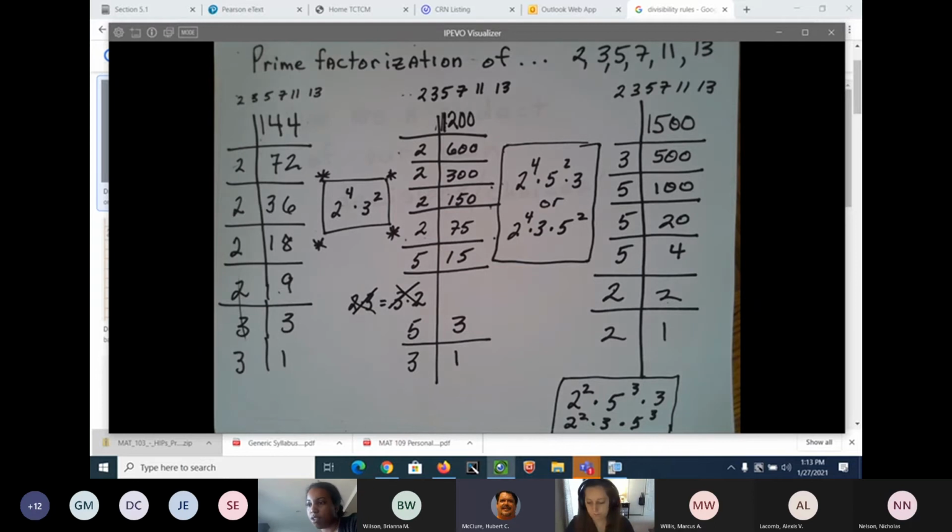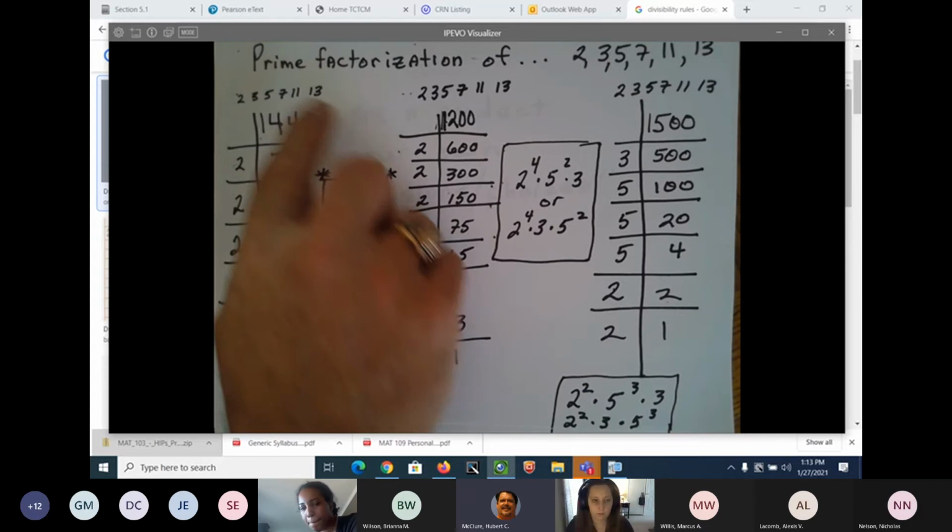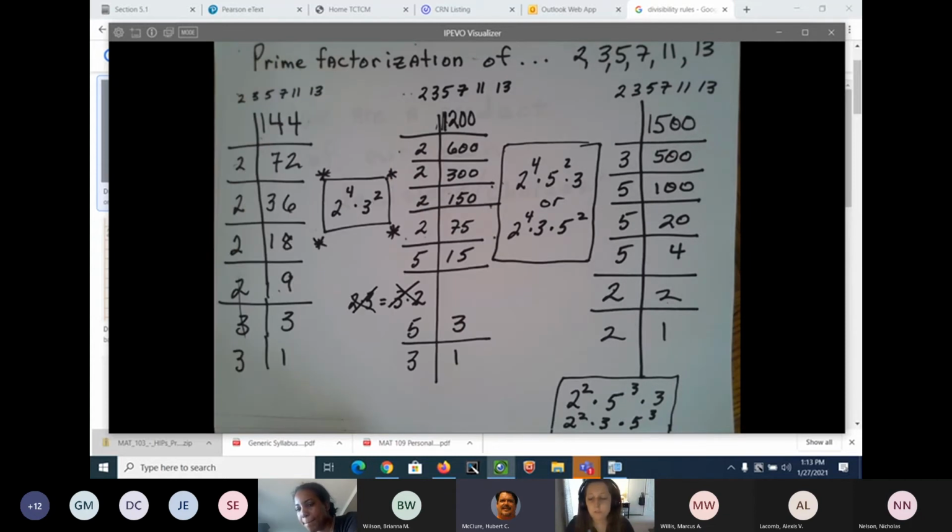What should you be doing for homework tonight? Keep doing prime factorization. If you find some homework problems in 5.1 of prime factorization, do them. If you run into least common multiple and greatest common divisor, stop, because I haven't covered it yet.